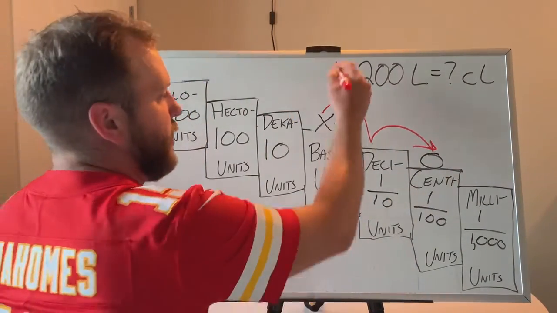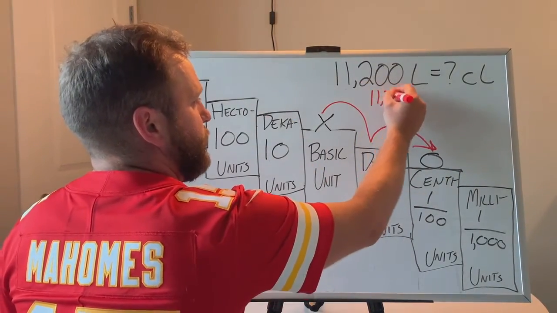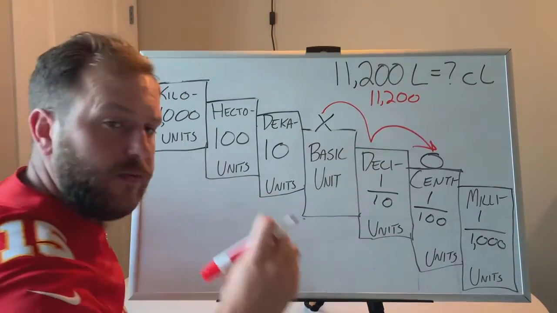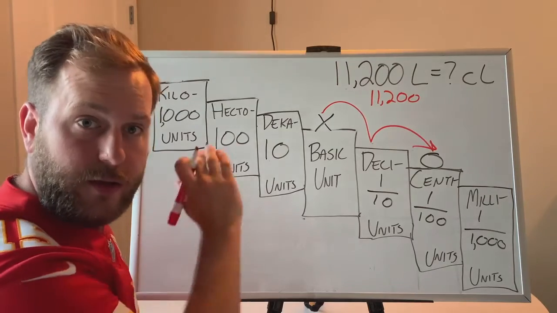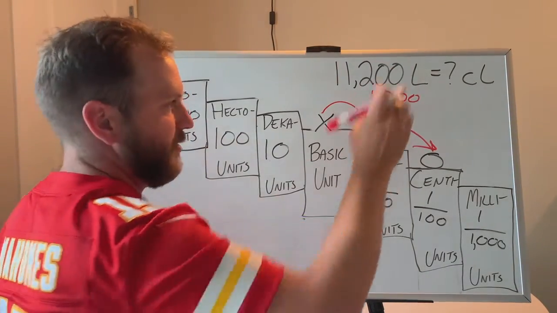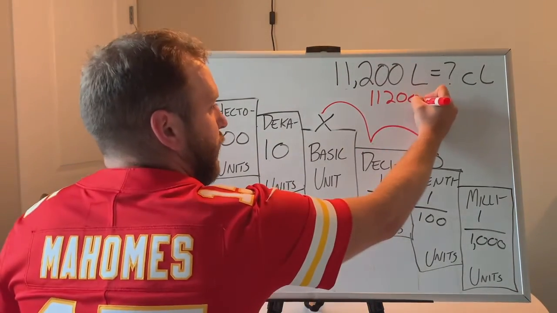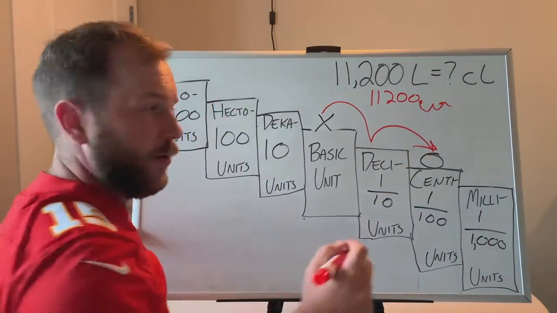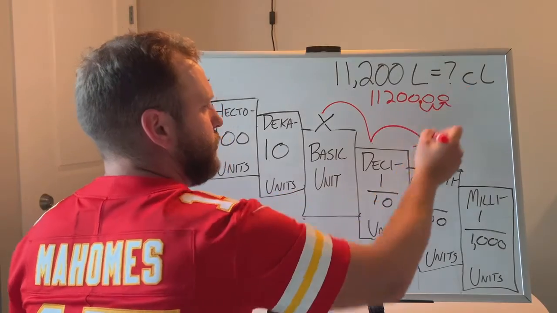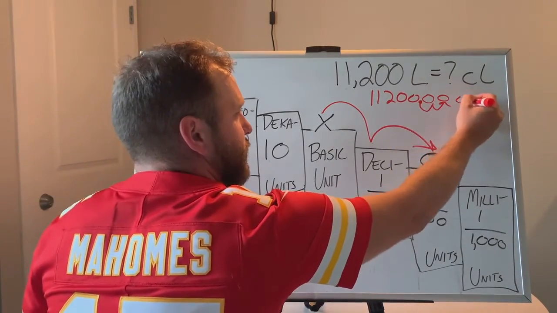So let's take our original number, 11,200. Now remember, you're moving the decimal point to the right, not the comma. You can actually just pretend that this comma doesn't even exist. So we've got our decimal point right here, and we're moving it 1, 2 to the right, and we're going to fill in those gaps with zeros, and that's going to be our answer in centiliters.